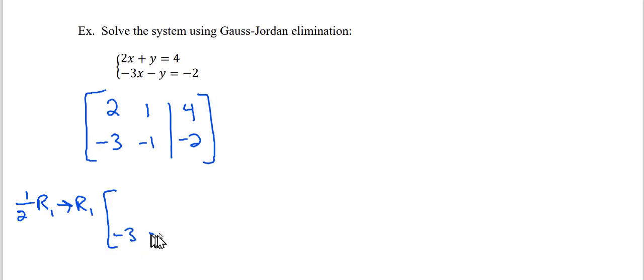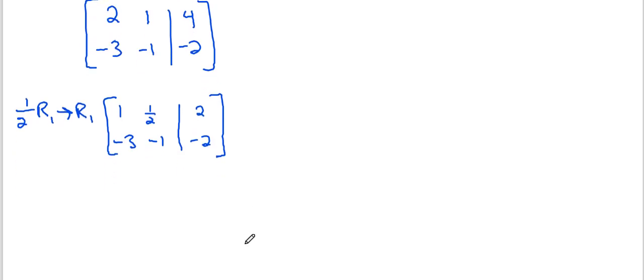That means I am not changing row 2 at all. So I'm just going to copy that over. I don't want to risk changing it in some way that I shouldn't. 1/2 of row 1 means each of these numbers get multiplied by 1/2. That gives me 1, 1/2, and 2. I do have a fraction there, but I can deal with it. It's not a terrible fraction.